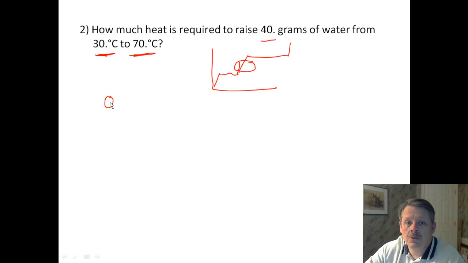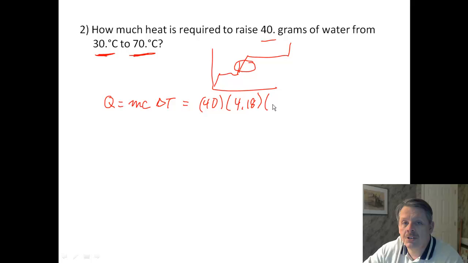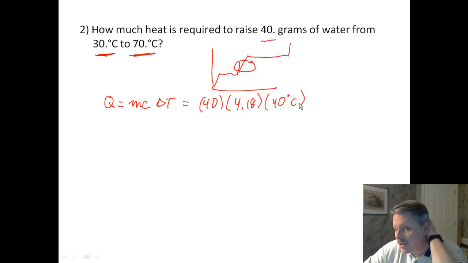So if I do Q equals mc delta T, then my mass here is 40 grams. My C is 4.18. We just saw that on the previous slide. And our temperature change is 40 degrees Celsius, right? Because it's going from 30 to 70.